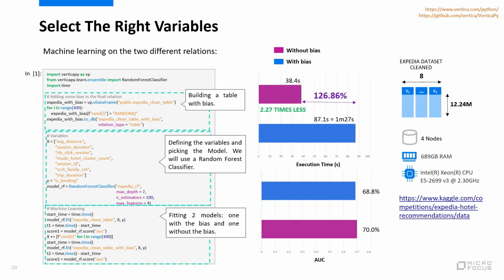So I added 300 random values. They will always be discarded, but it's just to give you an example of running a model with some bias and without bias. So with bias, you can see that we are taking twice as long as without bias in this example.